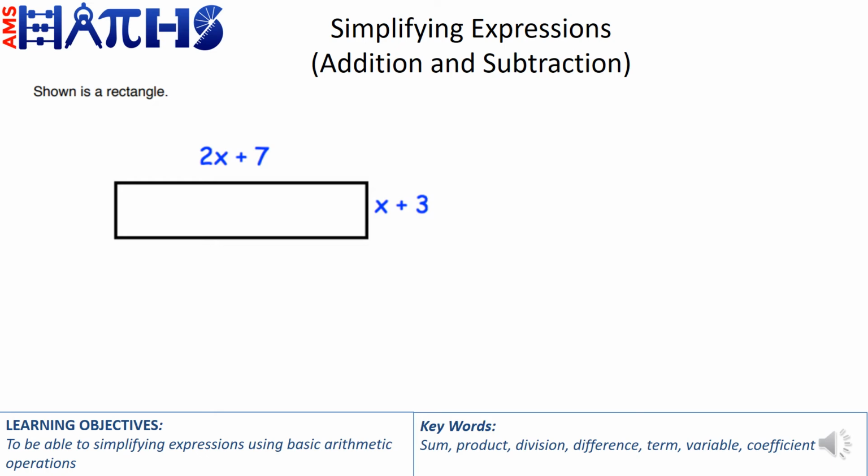So as we know, the opposite sides of our rectangle have the same length. So it would mean that this side is going to be x plus 3. And the horizontal length, which is opposite to 2x plus 7, will also be 2x plus 7.